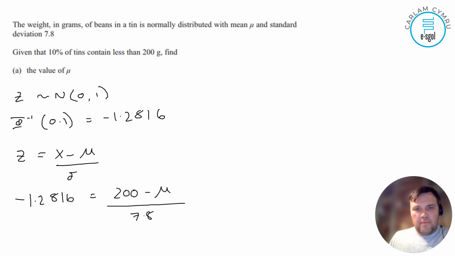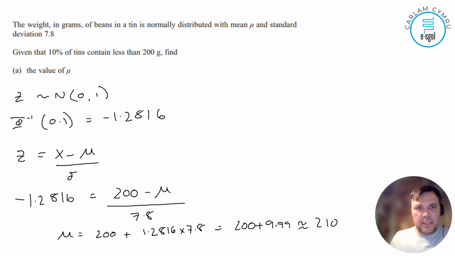You would then have mu equal to 200 plus 1.2816 times 7.8, and that would give us 200 plus 9.99, which is approximately 210.